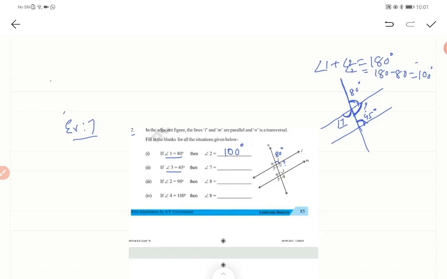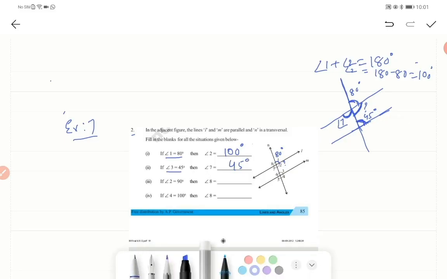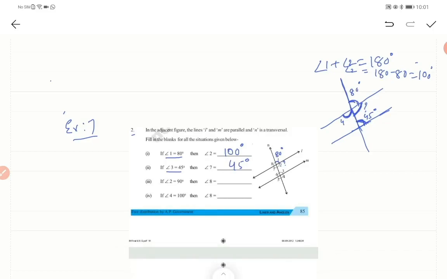For parallel lines with the transversal cutting at 2 different points, alternate angles are equal. So obviously when this angle is 45, this angle will also be 45 degrees, according to the properties.